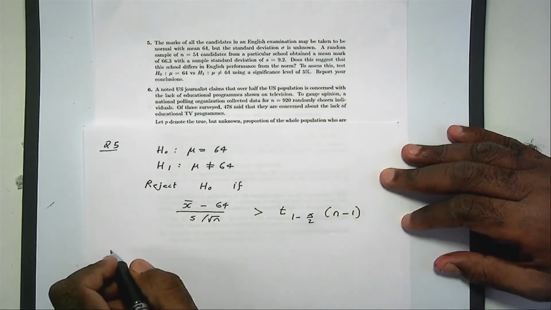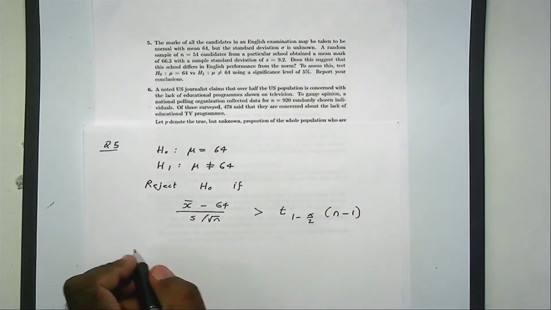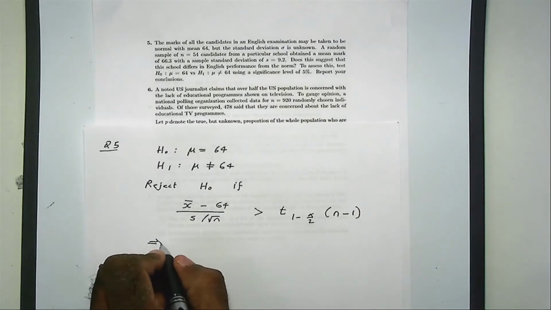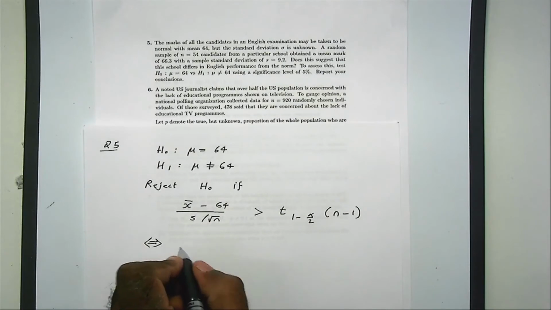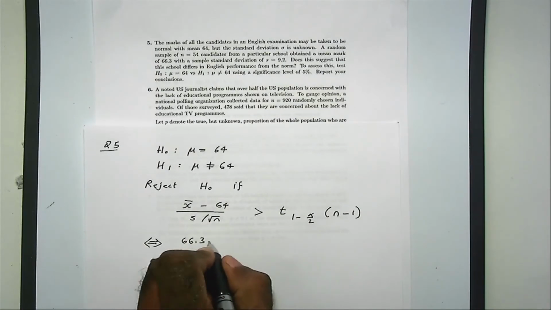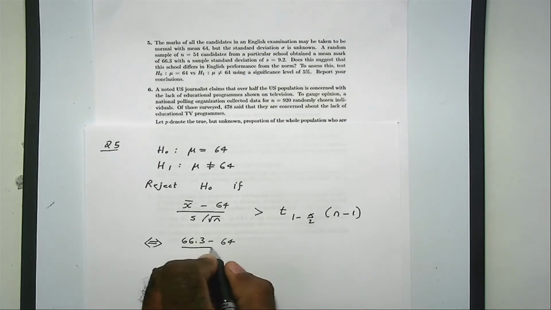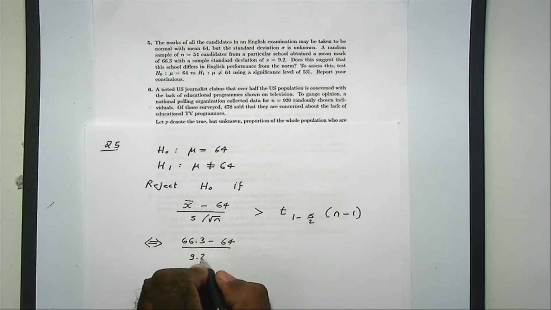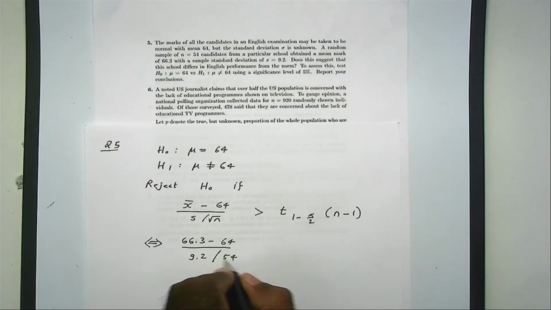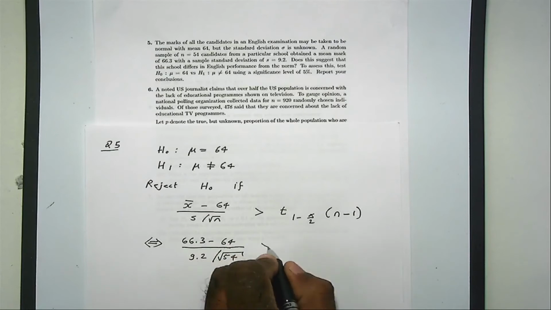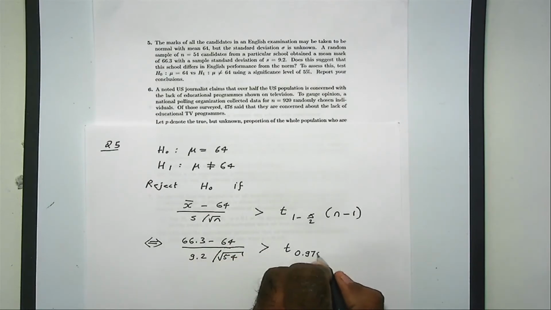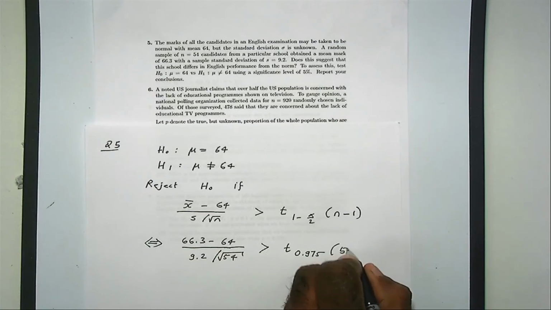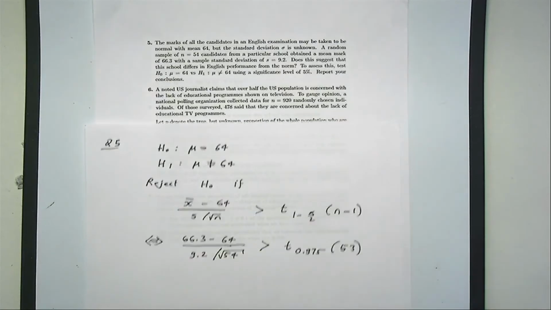So this is the rule that we need to use here. So x bar is already given to us, which is 66.3 minus 64. S is 9.2, n is 54, alpha is 5%, so this is 0.975, and n minus 1 is 53.